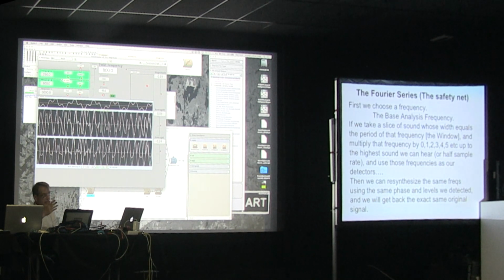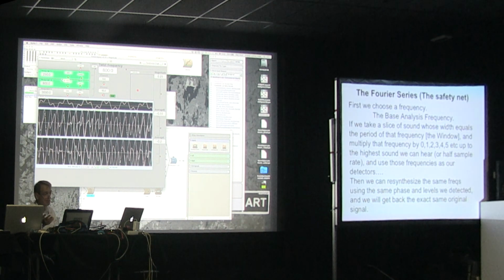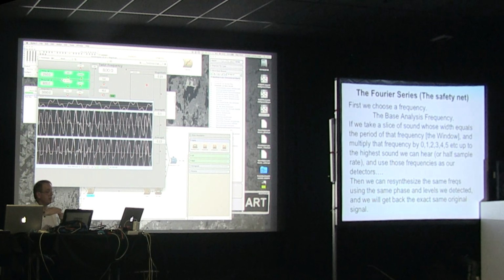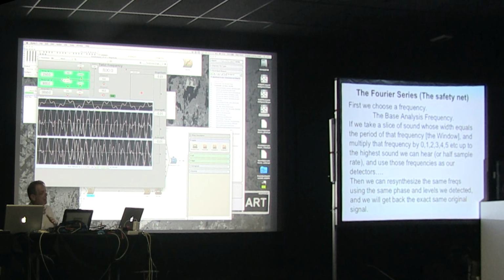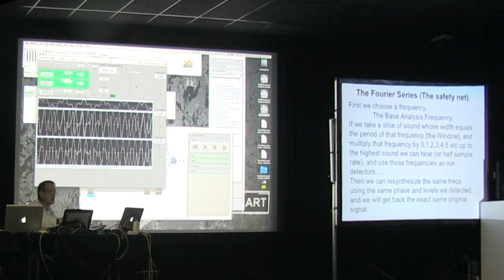Even though you could have hundreds of sine waves in there, you only need those frequencies. Say, for example, our frequency was 1 kilohertz, and we were using 48k as our sample rate, then we'd need to get to 24k, so we'd only need 24 analyses, and that'll be enough to turn it into the frequency domain, and then we'll be able to synthesize it and get back to the original signal.